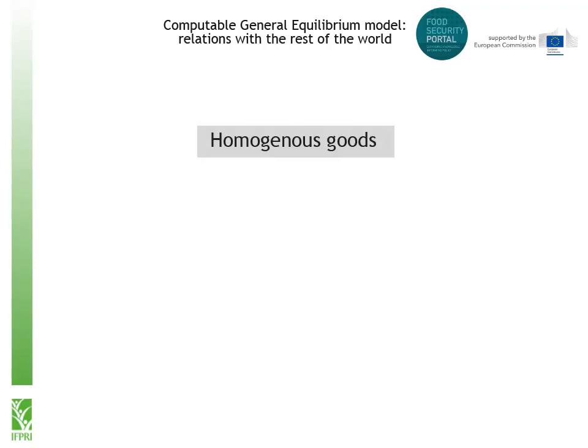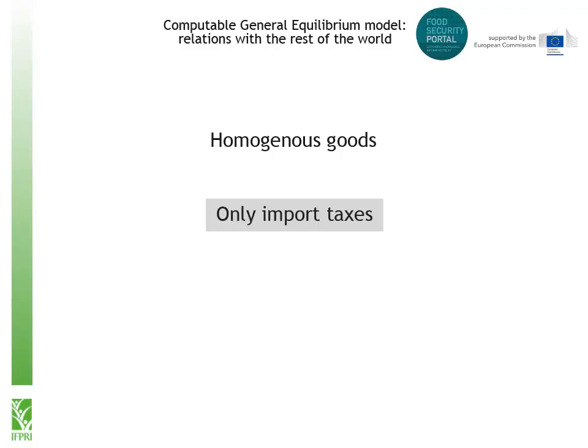It means that they are perfect substitutes. And it simplifies a lot the modeling of trade relations with the rest of the world. Second assumption that also simplifies greatly the model is that we only have import taxes. We don't have export taxes, we don't have import quotas, and so on.